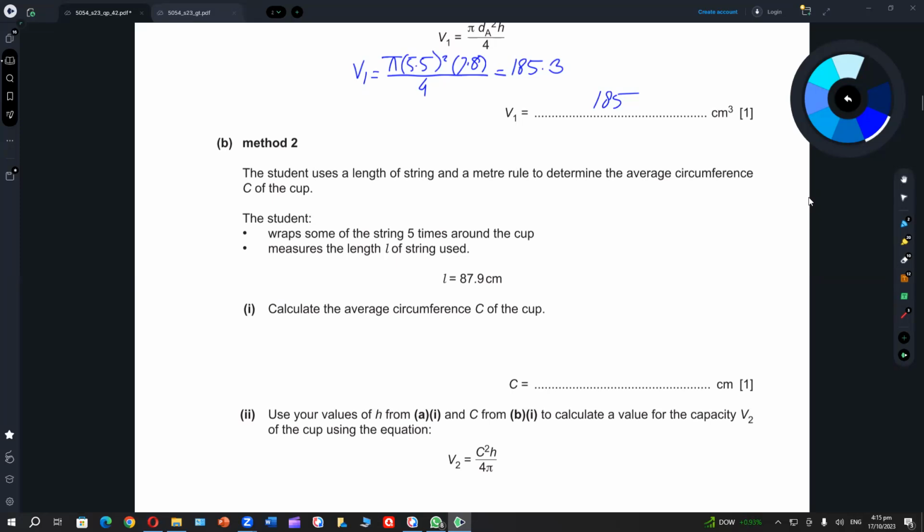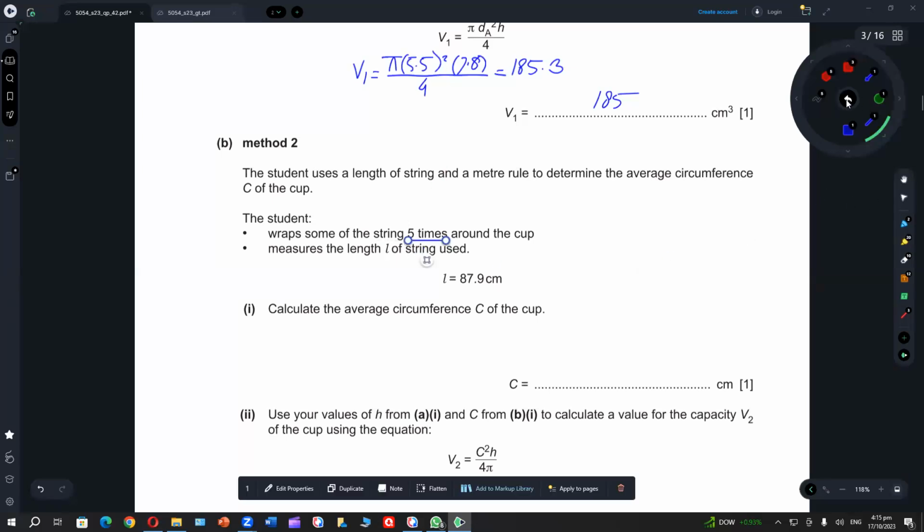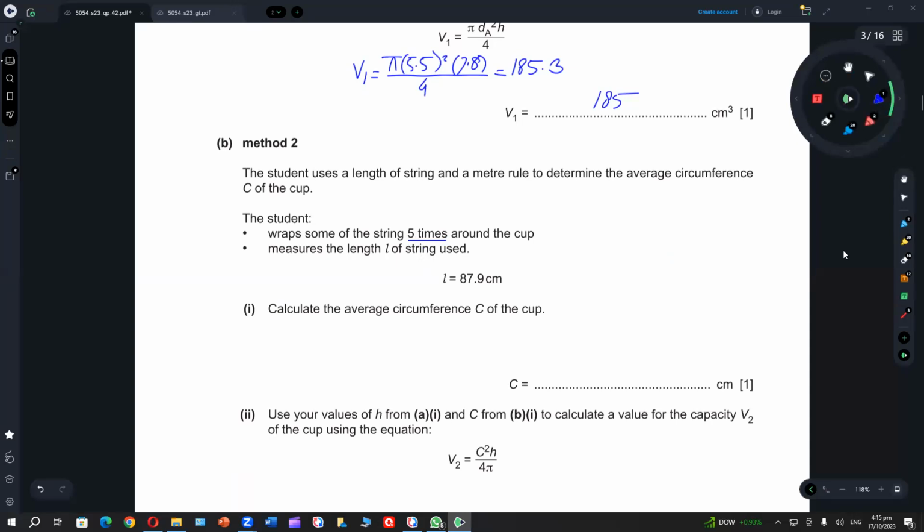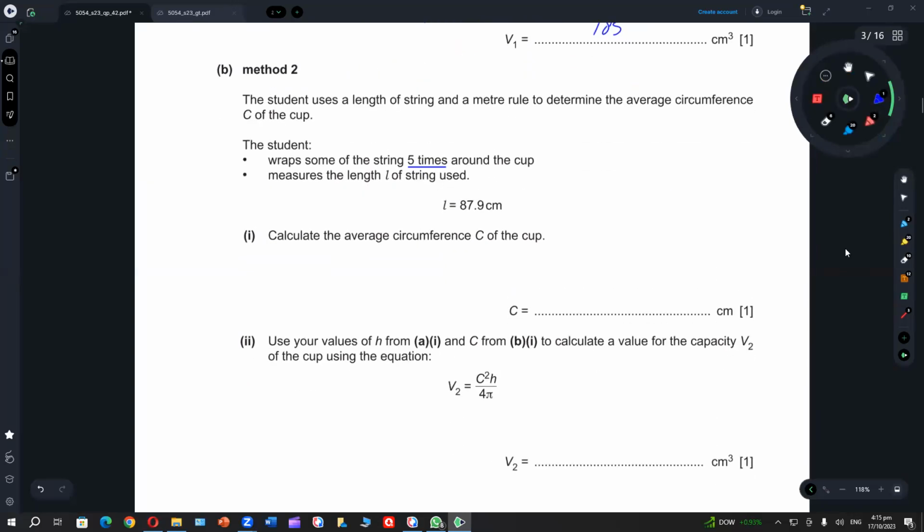The student wraps the string 5 times around the cup and measures the length of the string, 87.5. So these are the 5 circles. If he has wrapped it 5 times, what would be the circumference, the length of one circle?